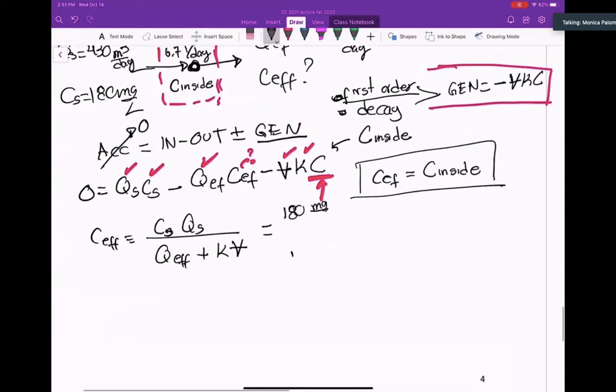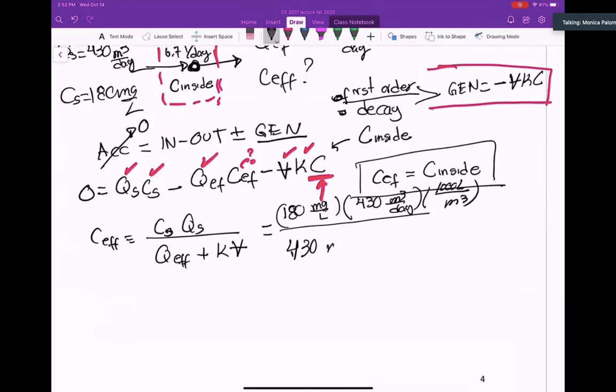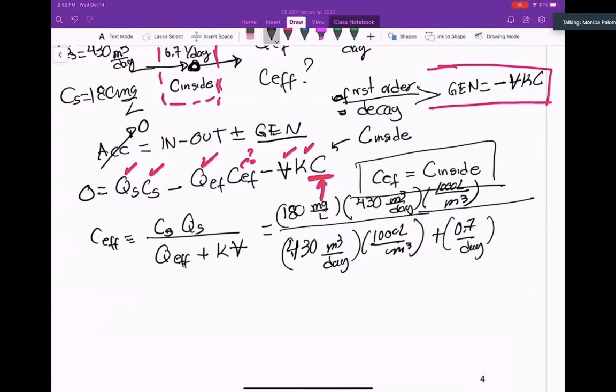CS is 180 milligrams per liter times the flow rate, which is 430 cubic meters per day. Let's see, we need to add some conversion factors in there. Then we're going to be converting into liters, so we need the 1,000 liters per cubic meter, and then divided by 430 cubic meters per day times 1,000, plus K, which is 0.7 per day, and the volume we need to convert in here.